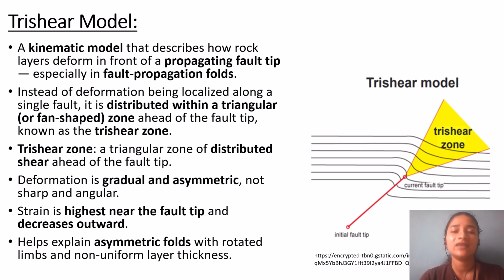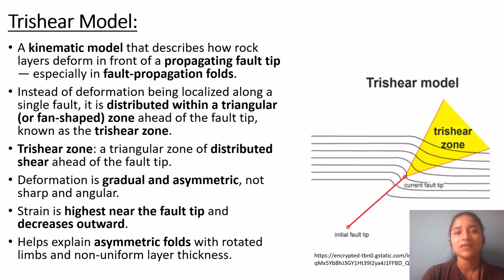The strain is highest near the tip of the fault and decreases outward, which leads to features like rotated limbs and layers with non-uniform thickness. So, this model helps us explain the asymmetric fold geometries that we often observe in the field but cannot model with simple methods like kink bands.